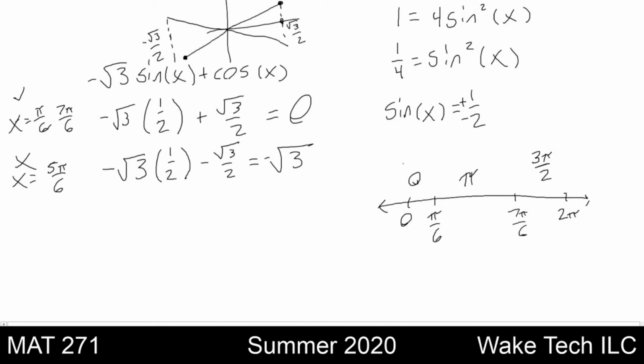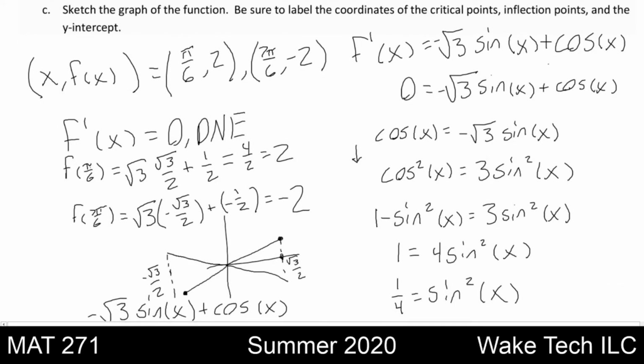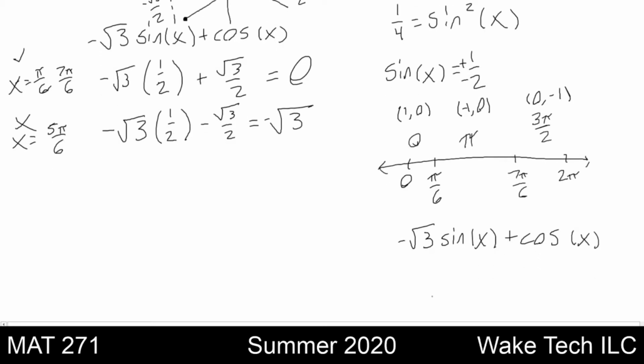So if we want to know sine and cosine, I'm going to label these right up here just to make sure. At 0, cosine is 1, sine is 0. At pi, we have negative 1 and 0. And at 3 pi over 2, we have 0 and negative 1. So, for the negative square root of 3 sine of x plus cosine of x, which I'll copy down here, I have for 0, the sine part turns into 0, and we just add cosine, which is 1.